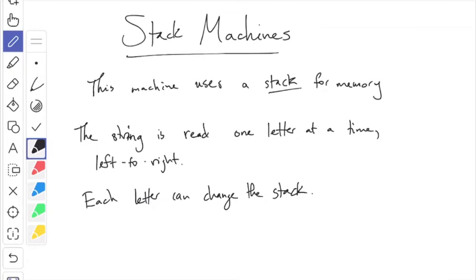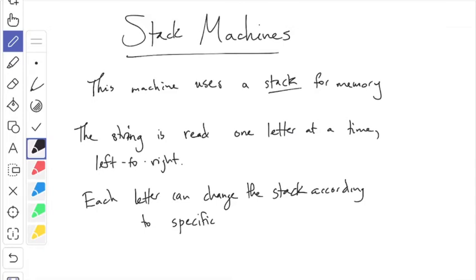Each letter can change the stack according to specific rules, and the rules determine the behavior of the machine. So if you want to describe a stack machine to me, what you have to tell me is, depending on which letter you see, how does this letter change the stack? How does this other letter change the stack?